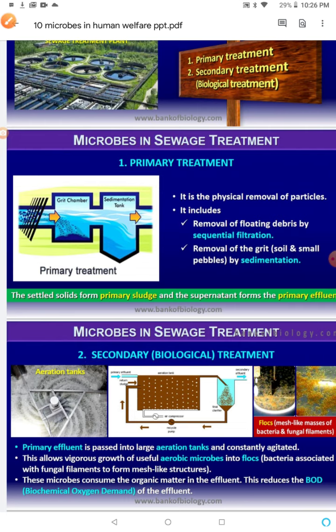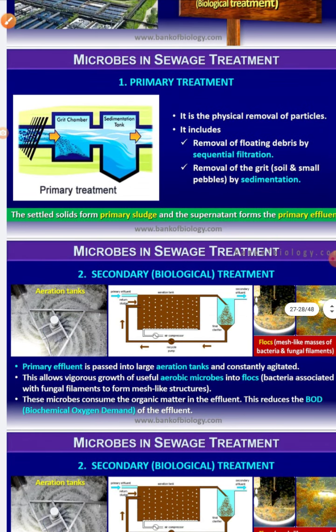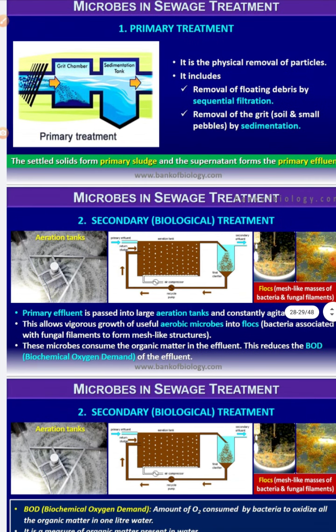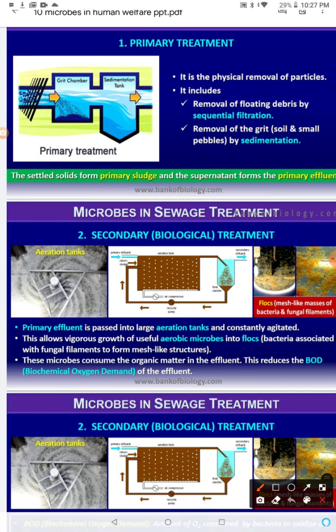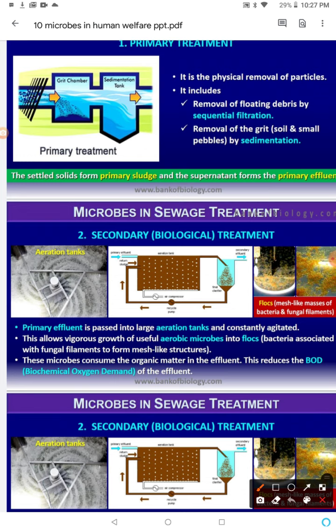This allows vigorous growth of useful aerobic microbes into the flocs, that is bacteria associated with fungal filaments, to form mesh-like structures, and these microbes consume the organic matter in the effluent. This reduces the biochemical oxygen demand (BOD) of the effluent. So in this way the secondary, biological treatment is done.